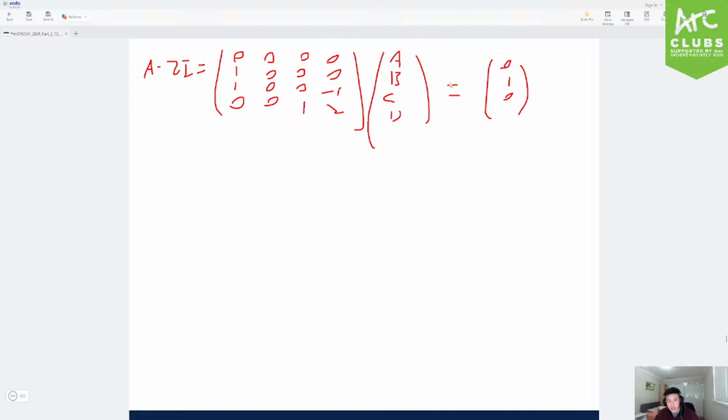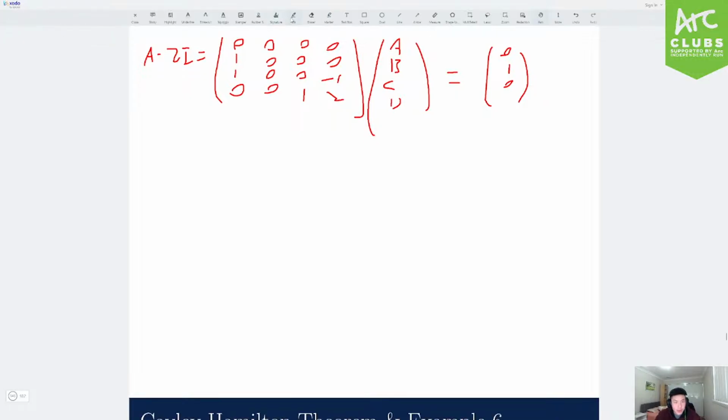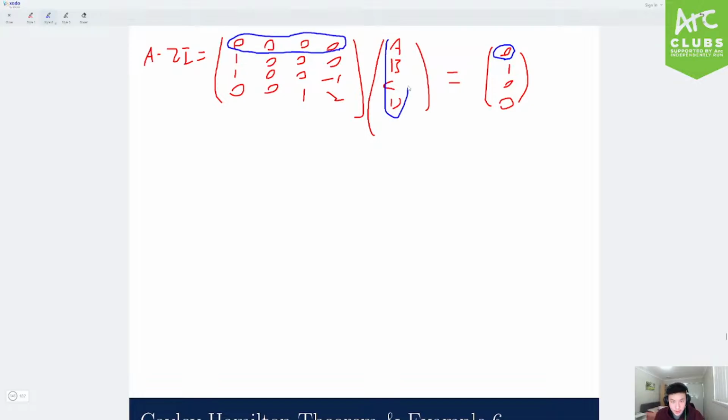And we sort of have to just inspect this, right? We can compare each component and see what goes on. If we want to get the first component 0, we multiply the first row of the matrix by the vector. But the first row is just 0, 0, 0, 0, so 0 times a plus 0 times b plus 0 times c plus 0 times d is 0 for any numbers a, b, c, d.